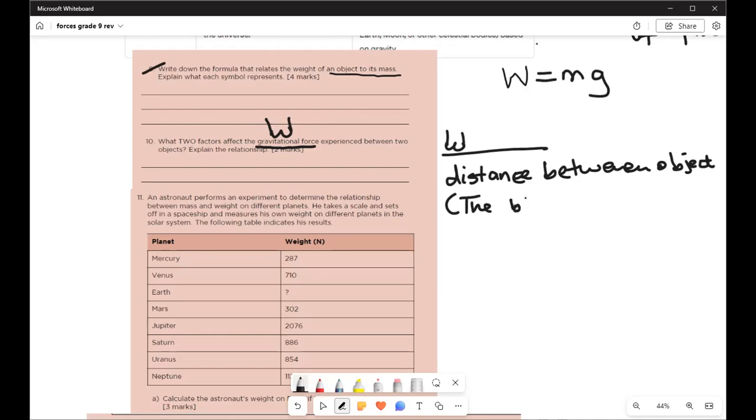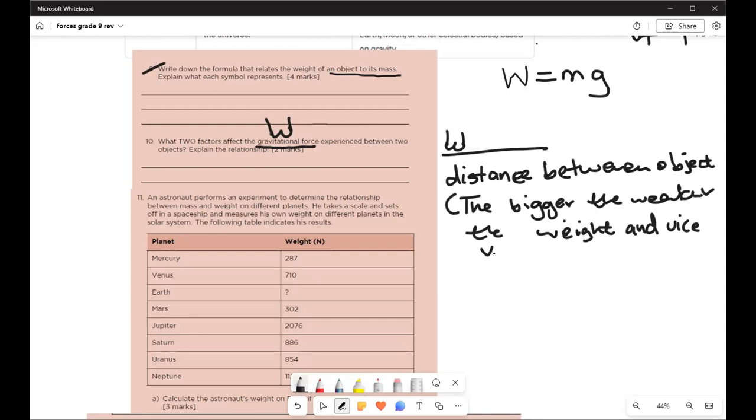The bigger the distance, the weaker the weight. The weaker the weight. And vice versa. By vice versa, I mean the smaller the distance, the stronger the force will be.